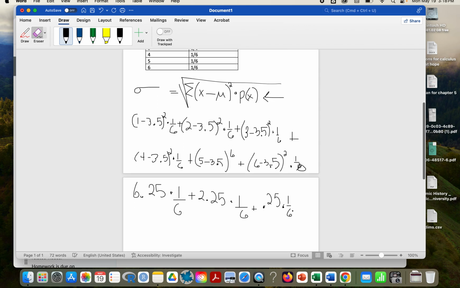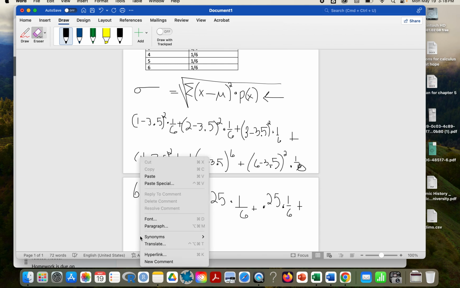Okay, we're going to add on to that. So this is also going to be 0.25 because it's 0.5 squared. Even though it's not negative, the negative squared, you're going to get 0.25. So we have another 0.25.